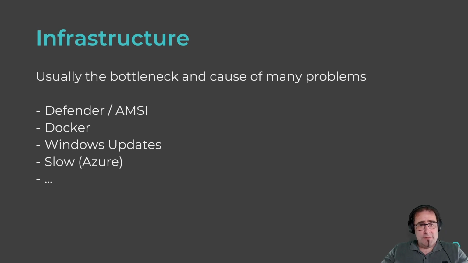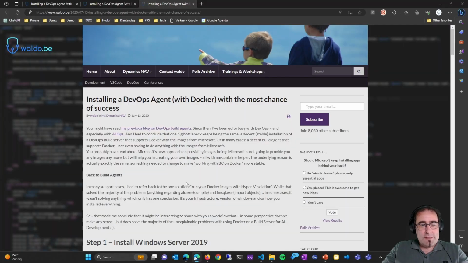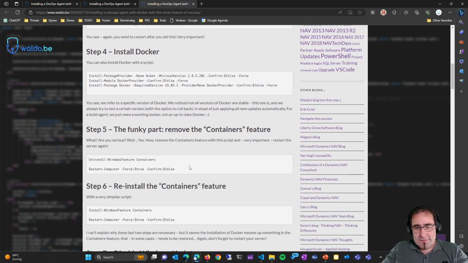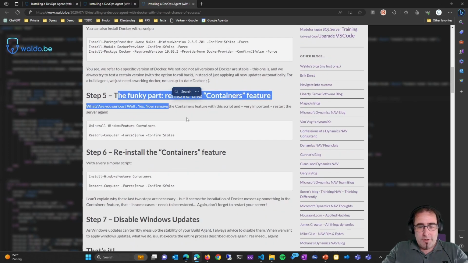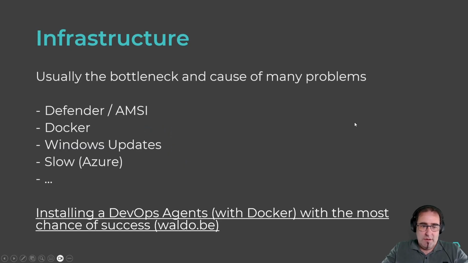And we want builds and releases to be fast. I once did a blog post about that, which I called installing a DevOps agent with the most chance of success. It basically came down to a lot of steps, some funky parts, to have the most chance of success to have a stable build agent.